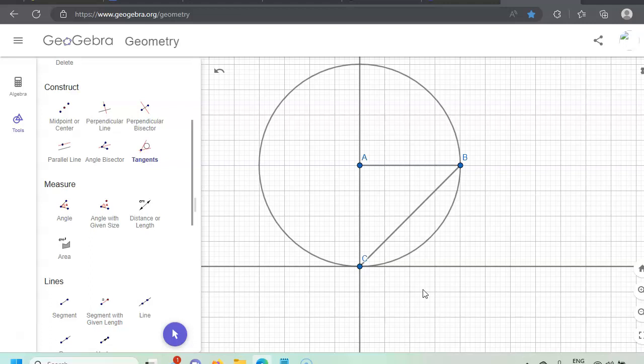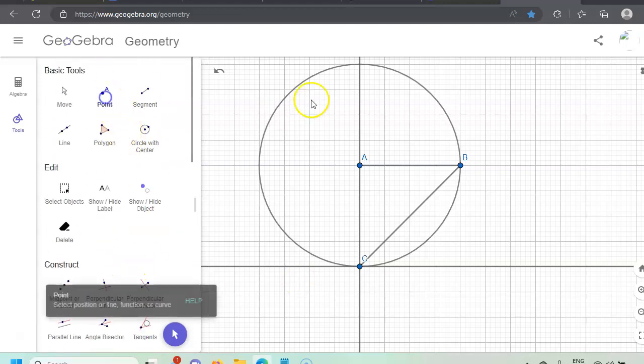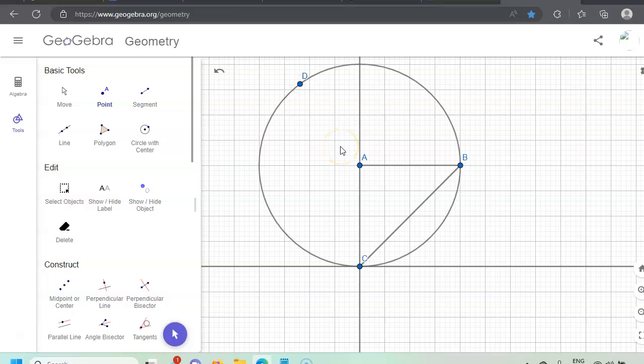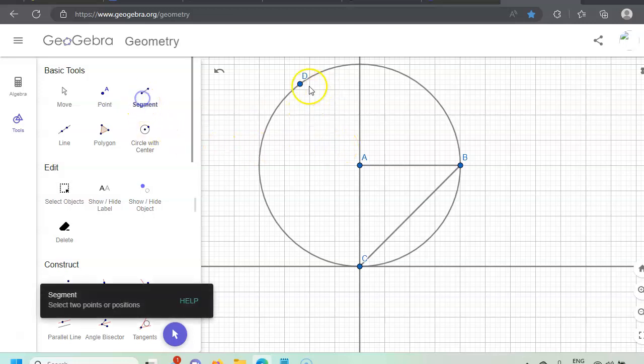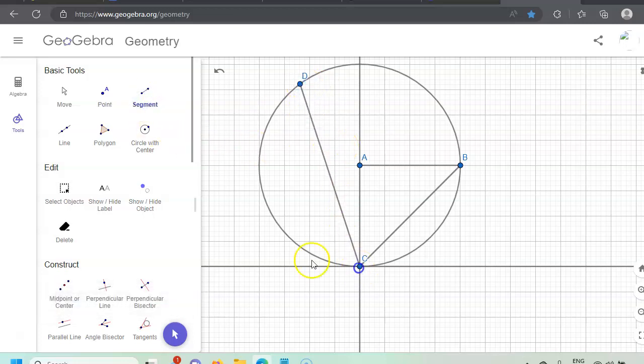And now, we need the angle at the alternate segment. So let's have vertex D for it. So then we'll connect C at the end point of the chord and C, and then connect D with B as the end point of the chord.